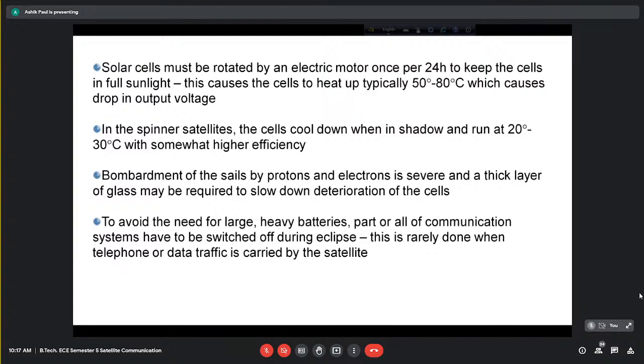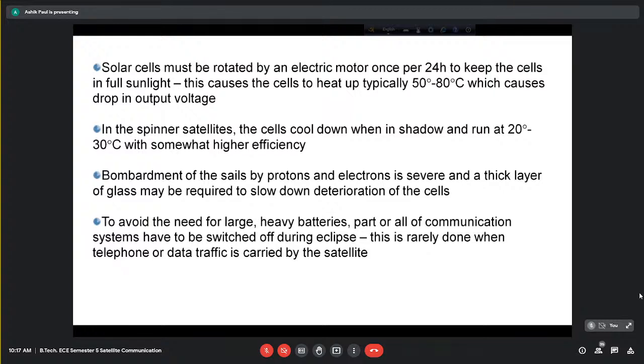But nowadays we cannot afford to do that, as we had mentioned. Earlier, in the 1980s, when the national program of Doordarshan was being broadcast using the INSAT satellite, during the eclipse period, twice a year for about 1.5 months or so, the national program used to be off, because the communication subsystems on board those satellites used to be turned off.